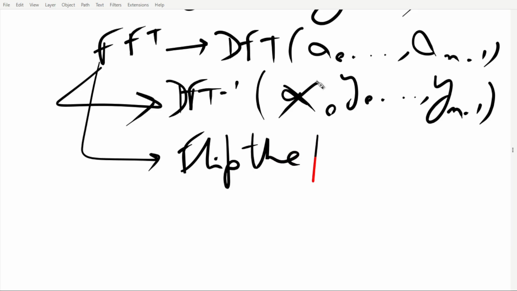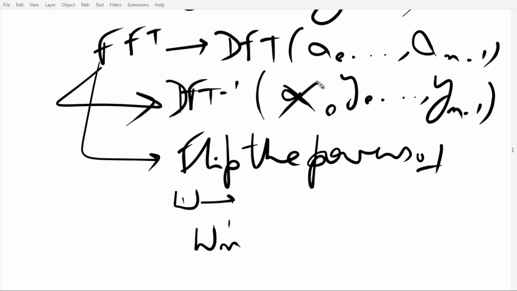Instead of using omega n to the power i, we should use omega n to the power minus i. This is the first change that we have to do.